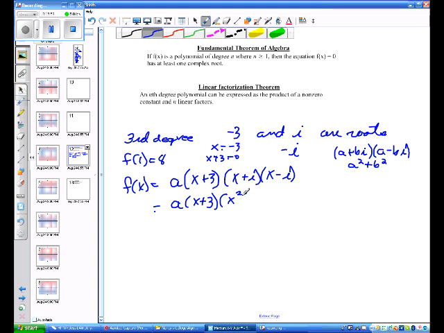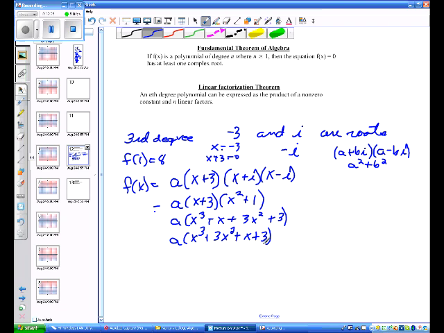So if we multiply these, then we're going to get x squared plus, well, my coefficient's 1, and 1 squared's 1. Then we can distribute. We have x times x squared is x cubed plus x plus 3x squared plus 3. And we could write that in descending order. That would be x cubed plus 3x squared plus x plus 3.